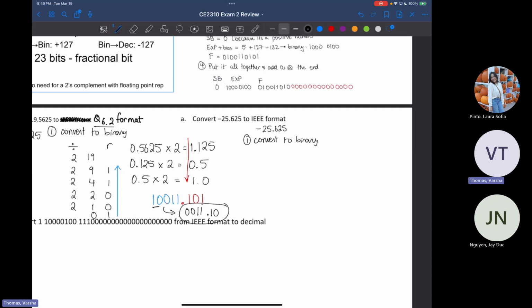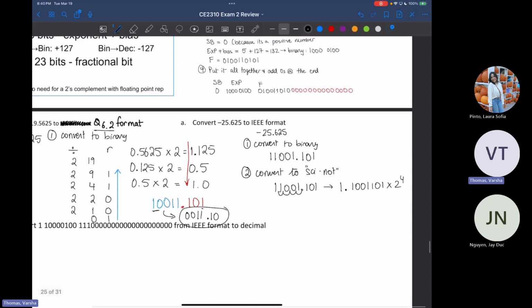The binary value here is going to be 11001.101. Then the second part is convert to scientific notation. So we have 11001.101, and we're going to move it 1, 2, 3, 4, which means it'll be 1.1001101 times 2 to the 4th.